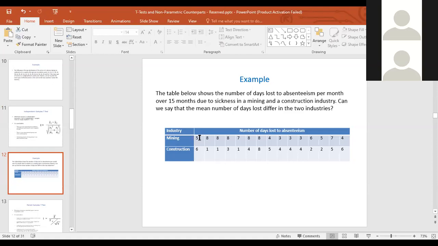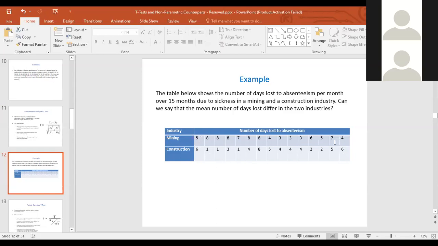Now you can see we have 2 groups, mining and construction. These are separate groups of people. This is a mining company, this is a construction company. So these are the days lost to absenteeism by the workers in each month.